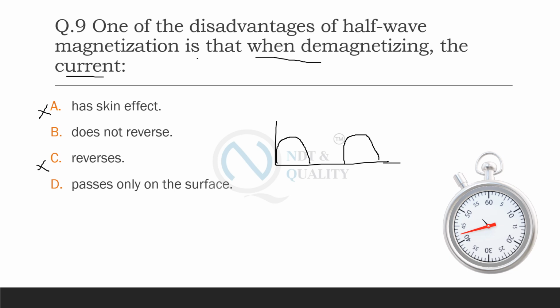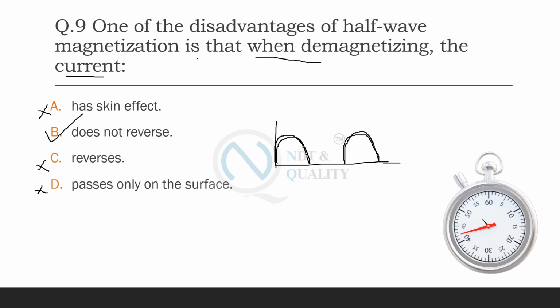Passes only on the surface? Only the surface? No, it goes deeper too, because it is half wave. But the problem is it does not reverse. See here, there is only a single phase, only the positive phase. The negative phase is cropped off or deleted.